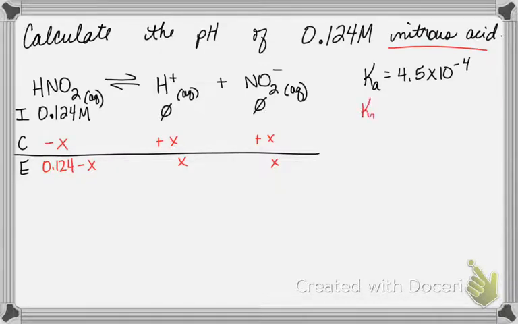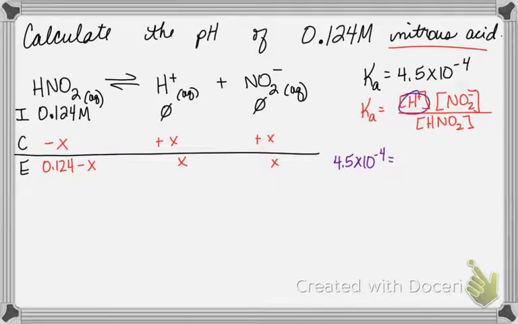We know that the expression for this acid would look like this: the hydrogen ion concentration times the concentration of the nitrite ion divided by the concentration of the HNO2. And so now I'm going to plug in the numbers. The Ka is 4.5 times 10 to the minus 4.